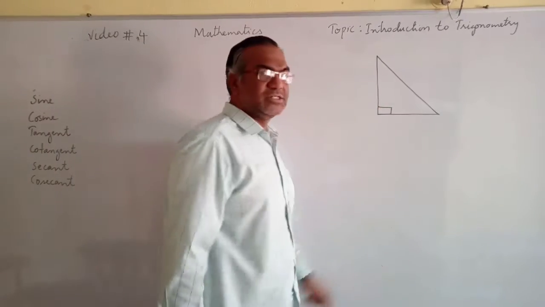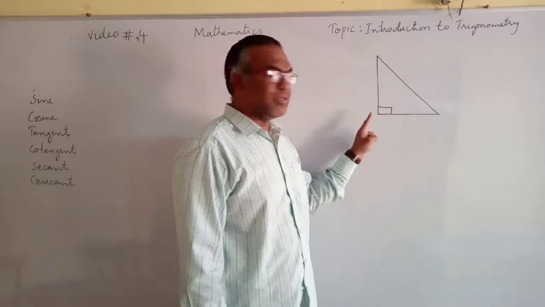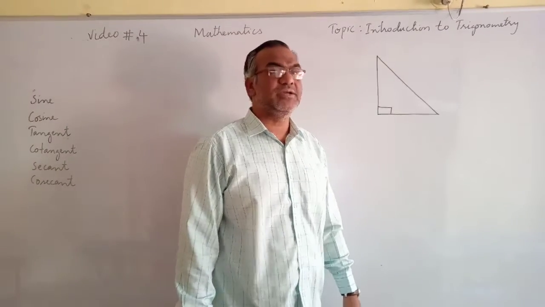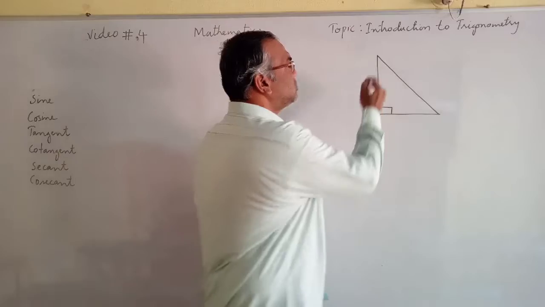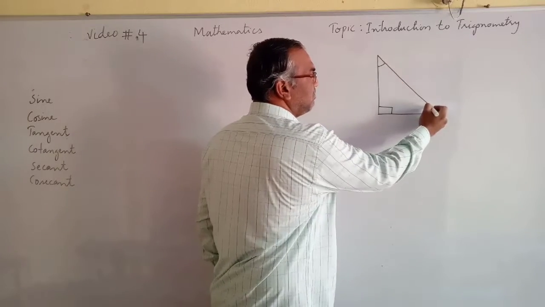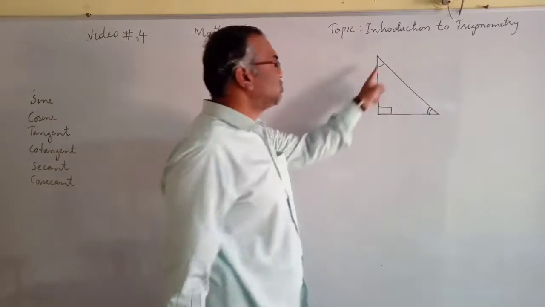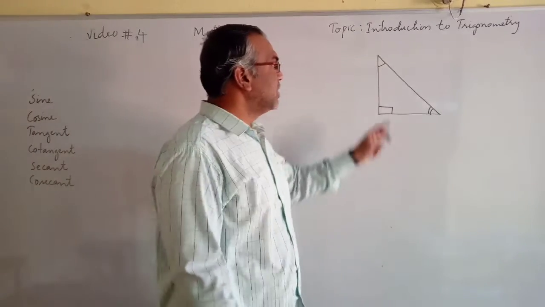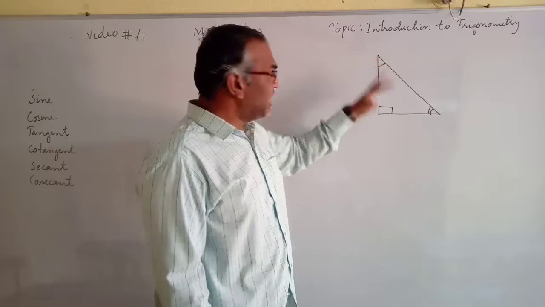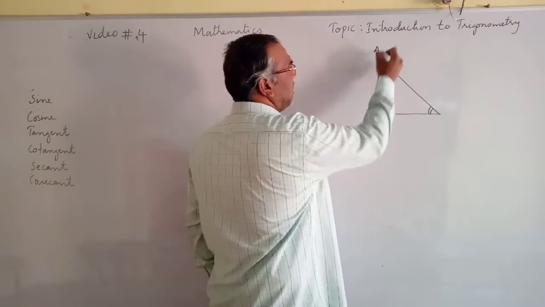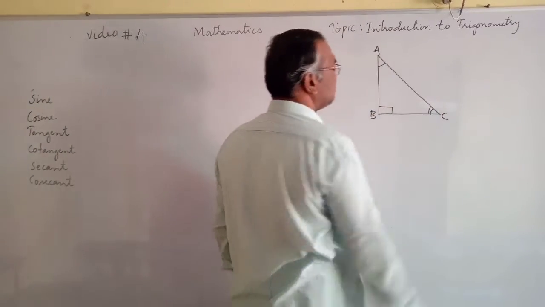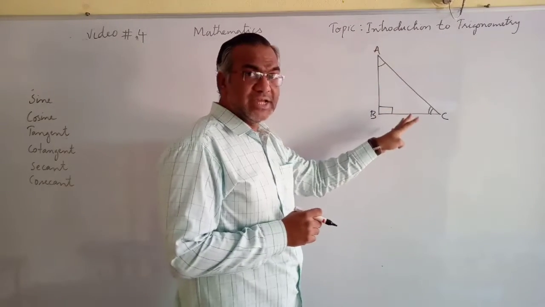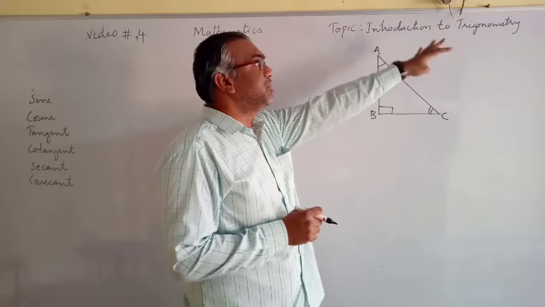We all know that a right triangle has one angle, the right angle, that is equal to 90 degrees, and the other 2 angles are compulsorily acute angles, less than 90 degrees. And in a triangle, we all know there are 3 sides.